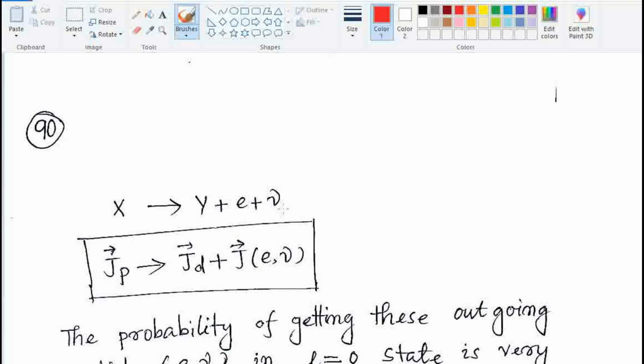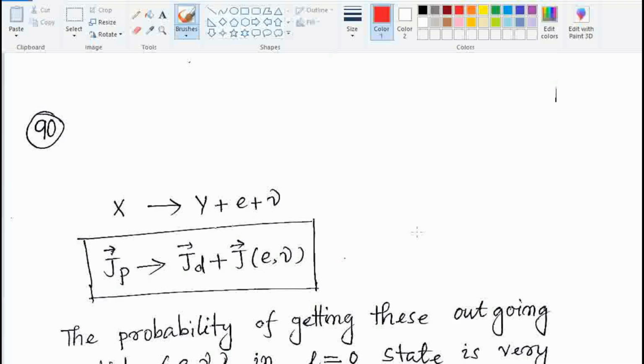And if it is beta positive decay, then the outgoing particles are a positron and a neutrino. So for a basic example, I have taken X as the parent nucleus, Y as the daughter nucleus, and e and nu as the outgoing particles. As I mentioned, it can be an electron, positron, neutrino or anti-neutrino.